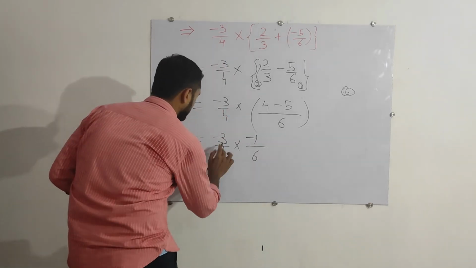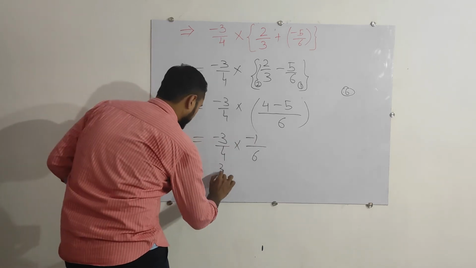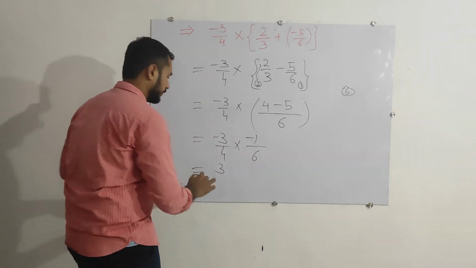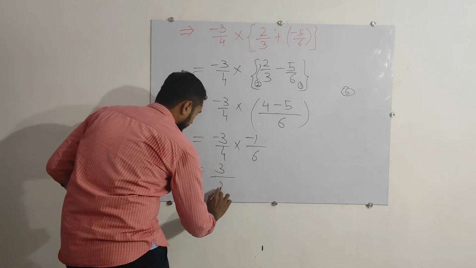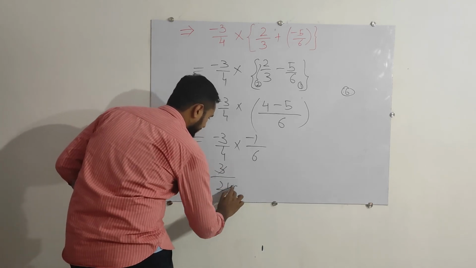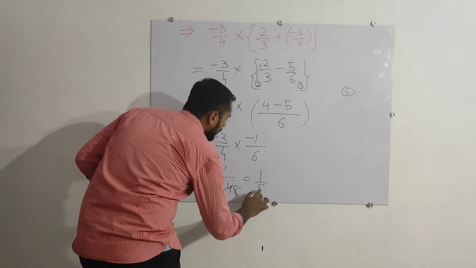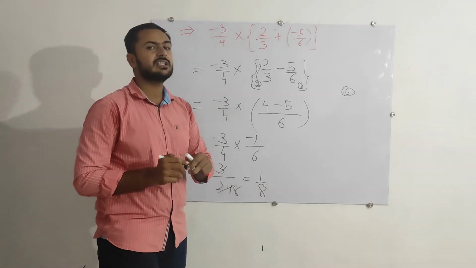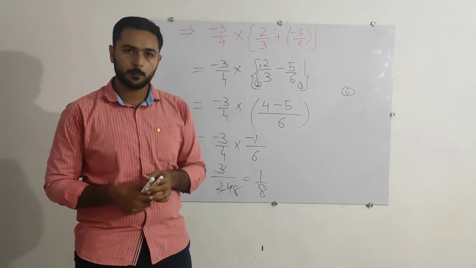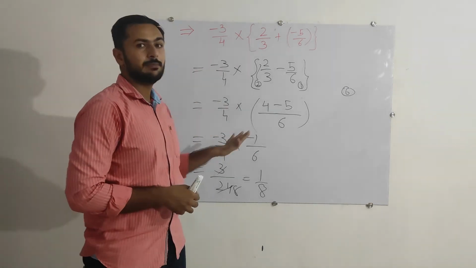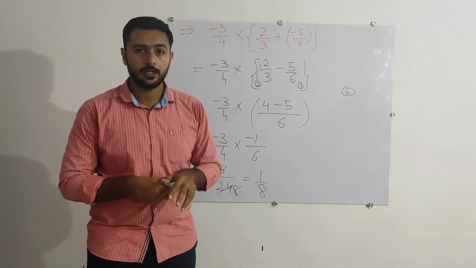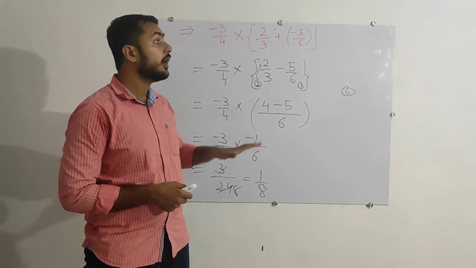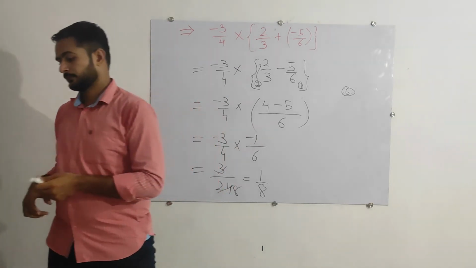Just do the multiplication. 3 ones are 3, minus minus plus. Now 4 6s are 24, and 3 8s are 24, so the answer is 1 upon 8. So both ways, with the distributivity property and by the simple method, we got the same answer. Just pause the video and note this down also.